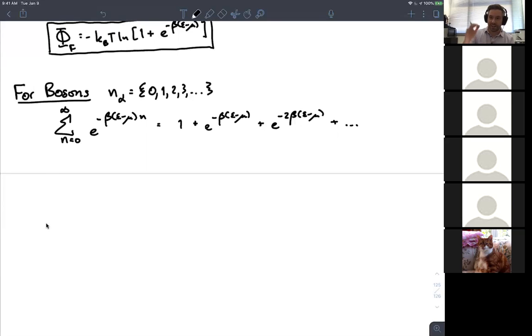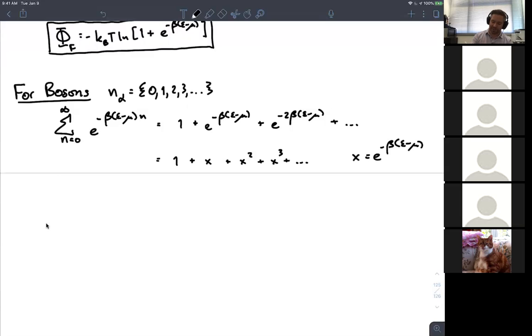Now, it does not take a genius at this point to see that this is going to follow a pattern. The pattern is that we've got 1 plus x plus x squared plus x cubed plus and so on, where x is equal to e to the minus beta (epsilon minus mu).